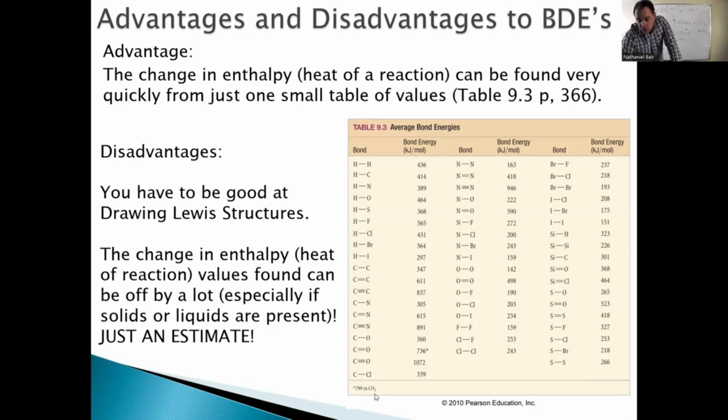I like to call CO2 the Barry Bonds of bonds. Okay, here's why. I don't know if you know this. Barry Bonds, played for the Pirates and the Giants and hit a whole bunch of home runs, has the most home runs in Major League Baseball history, but he's not in the Hall of Fame because he took a whole lot of steroids.